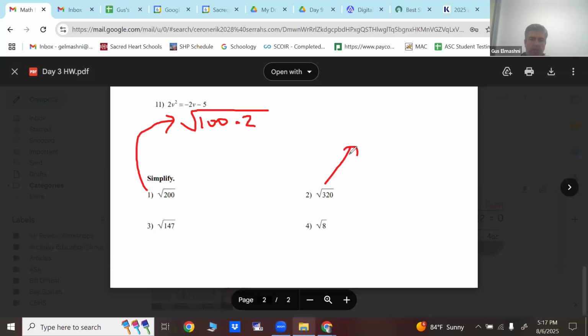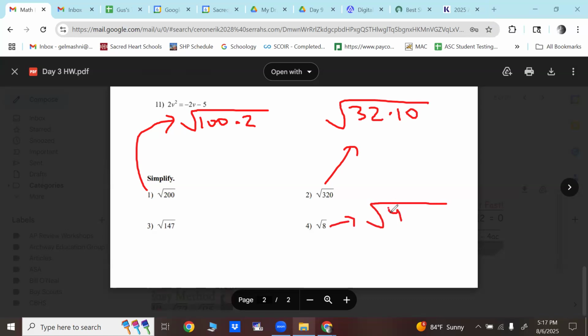So when you simplify these, you could do it like this. So we just do that? But then you can break it apart like this.